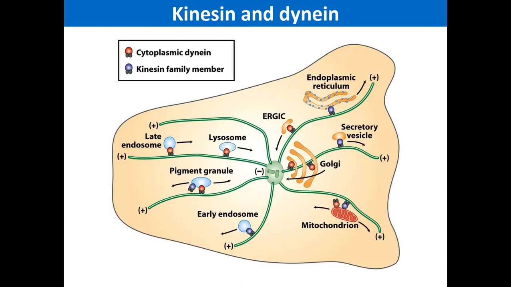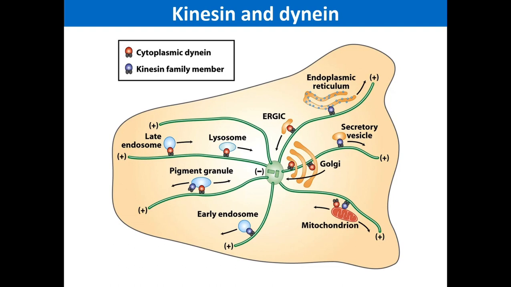So kinesin and dynein move things from and to the nucleus, from and to the periphery of the cell, with dynein moving cargoes, especially endosomes and lysosomes, from the periphery to the nucleus, while kinesin moves cargoes, usually secretory vesicles, from the nucleus to the periphery of the cell.